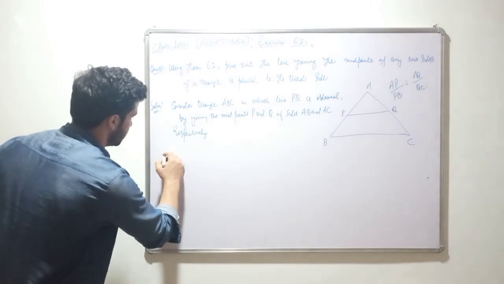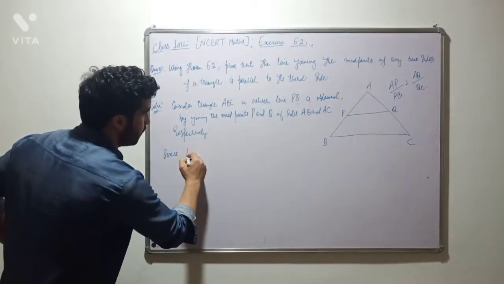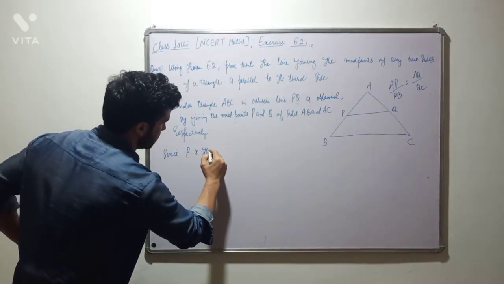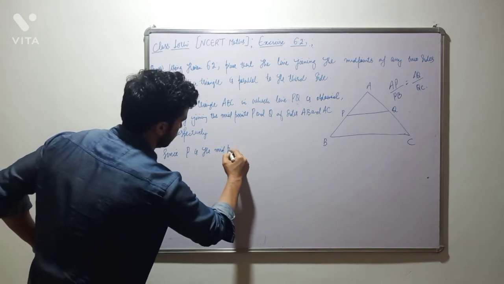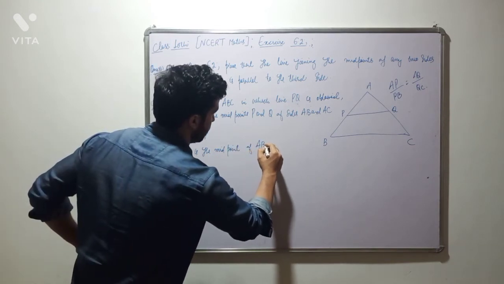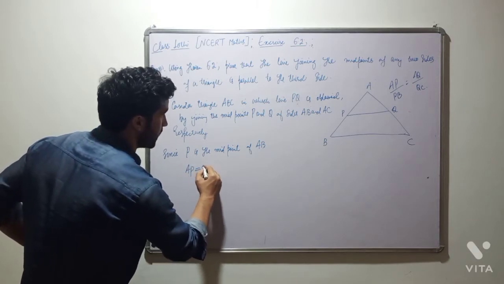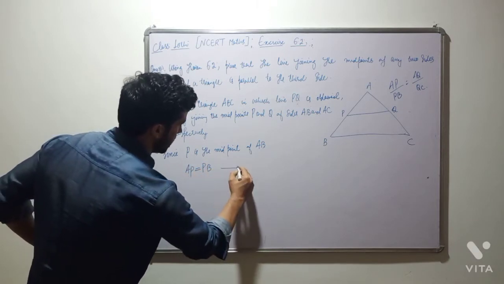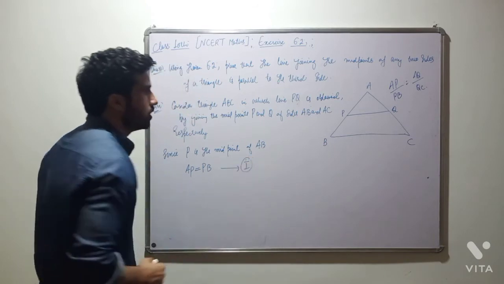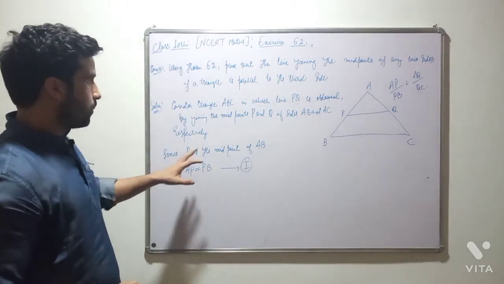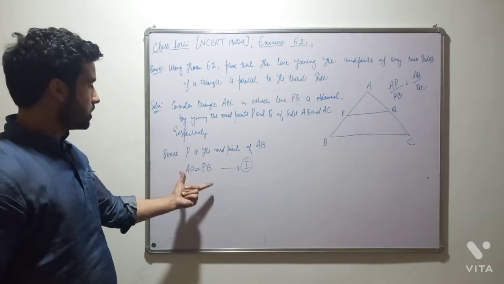यहाँ पर हम लिखेंगे सिंस P is the midpoint of AB, so we may write here AP is equal to PB, let that be first. Okay, तो ये जो हमारे पास है P, this is the midpoint of AB and this will give you this.